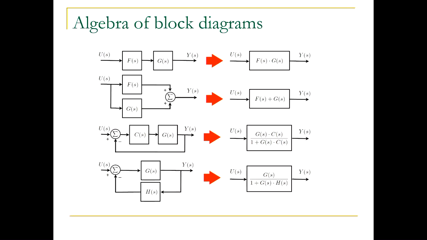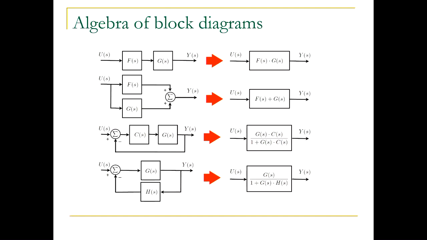Now the question is, how can we prove that something complicated on the left-hand side reduces to something simple on the right-hand side? That's called algebra of block diagrams. And by the way, if you understand and maybe even memorize the formulas for these basic cases, you would be able to simplify much more general block diagrams by subsequently using each of these cases as steps in simplification.